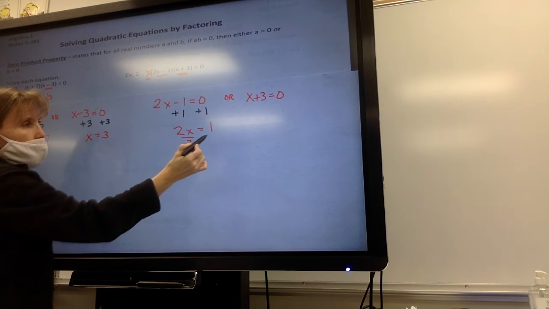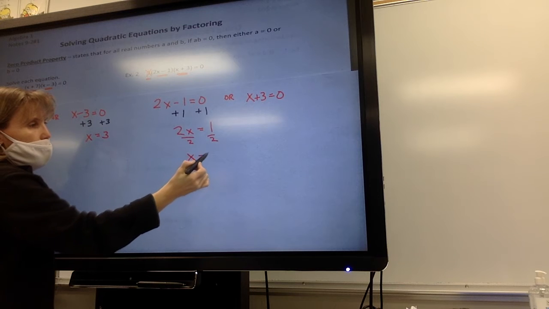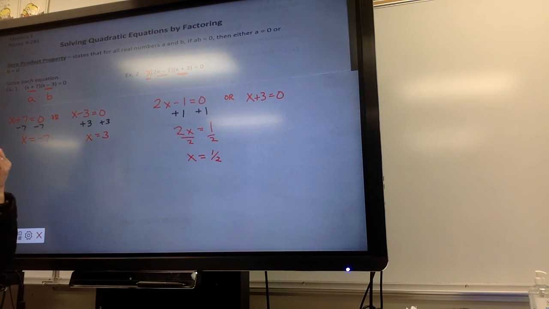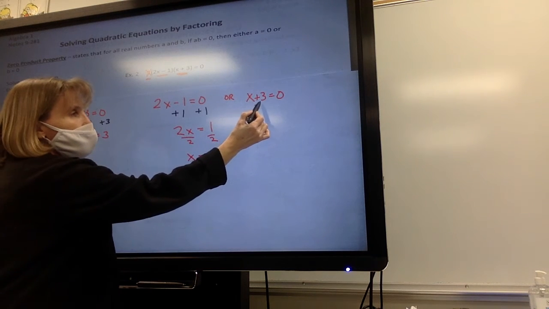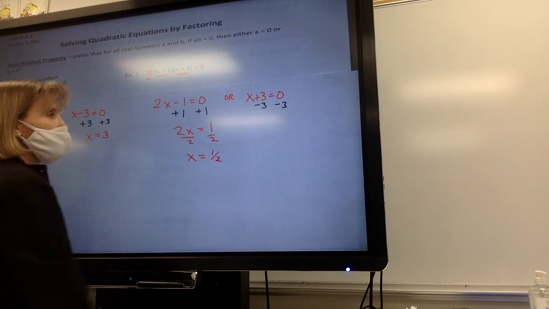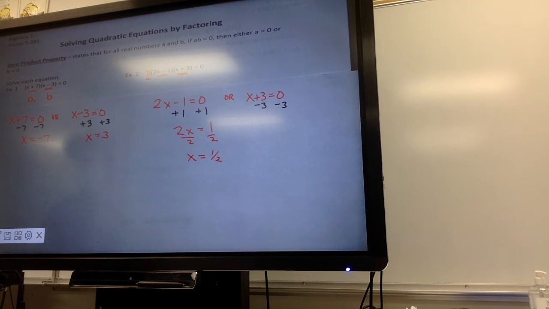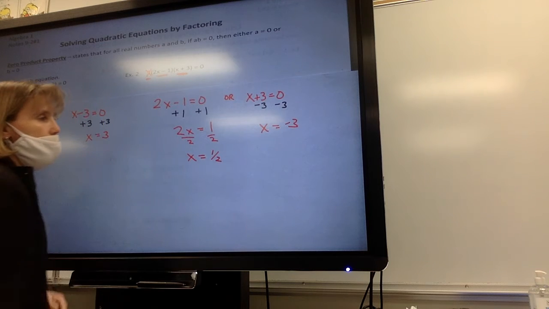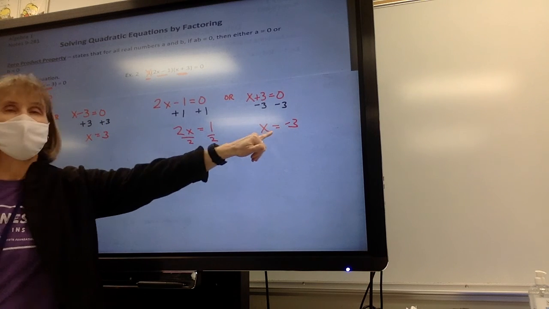Now I can divide by 2 and get an answer of 1/2. And in the second one, if I subtract 3 from both sides to get x by itself, x would equal negative 3. So here are my two solutions.